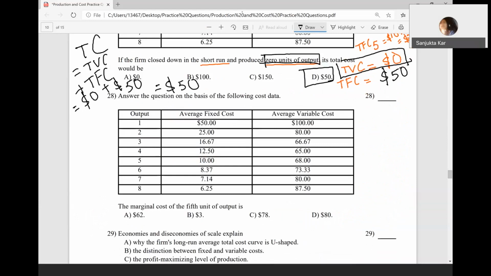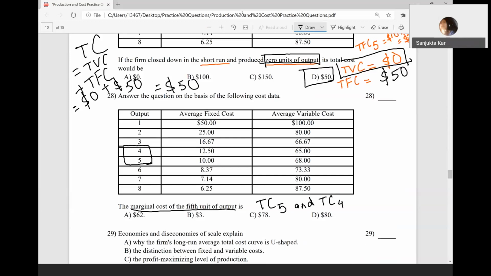All right, take a look at question number 28. It says the marginal cost of the fifth unit of output is how much? All right, the marginal cost for the fifth unit of output, that's what we have to find out here. If it is asking for the fifth, I'm going to need the total cost for the fifth unit of output and the total cost for the fourth unit of output.